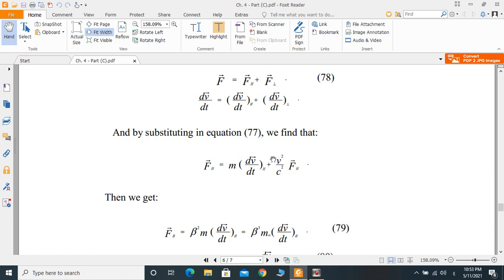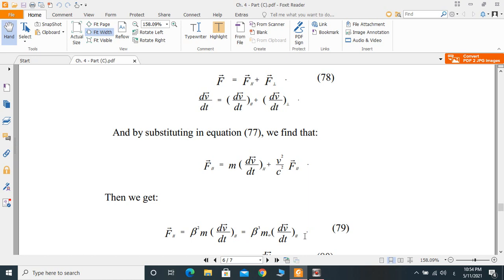We can take this term to the left hand side. Then F parallel can be written as beta square m dv by dt parallel, and m here is m naught beta. Then F parallel equals this form.